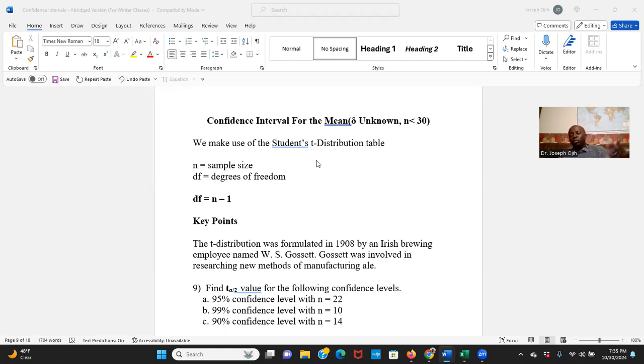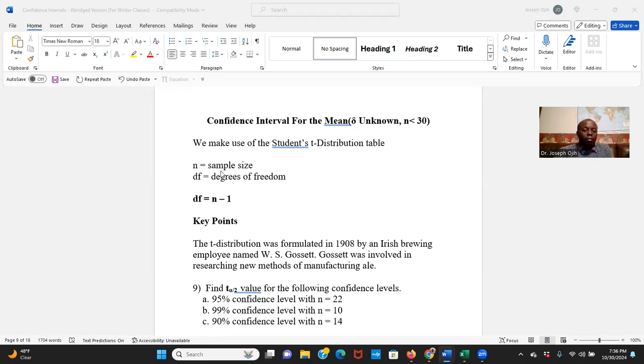In those days, scientists that worked for companies were not allowed to publish their findings for the public, but Gosset wanted to do that. So the only way to publish it, so that nobody knew it was him at that time, was to use a pseudonym that we call Student. That's why it is called the student t-distribution.